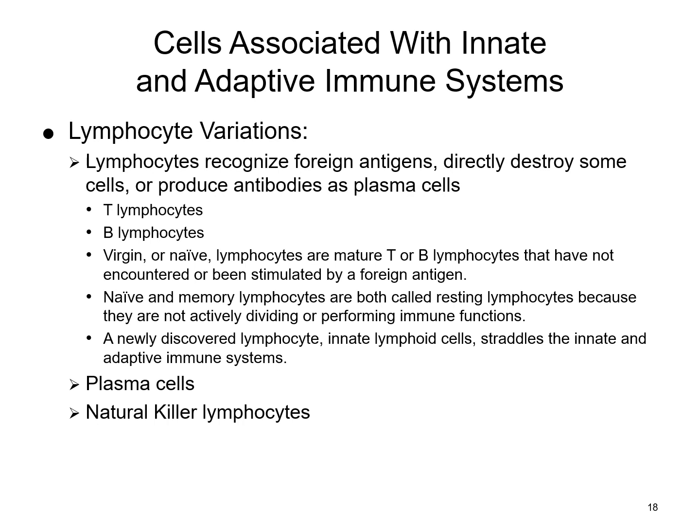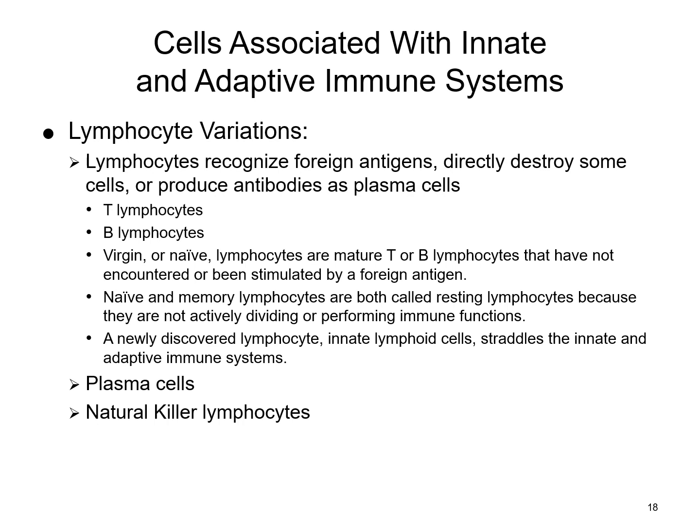They can further be divided into T lymphocytes, B lymphocytes, and virgin or naive lymphocytes, which are basically mature T and B lymphocytes that have not encountered or been stimulated by any sort of foreign antigen. So basically they've not been stimulated at this point to behave any differently. These naive and memory lymphocytes are both called resting lymphocytes because they have not actively divided, or they're not performing any of those immune functions yet.